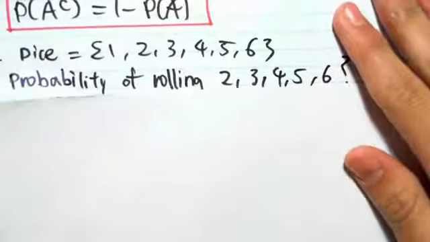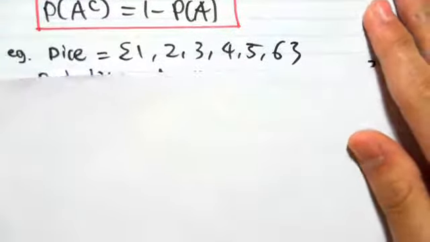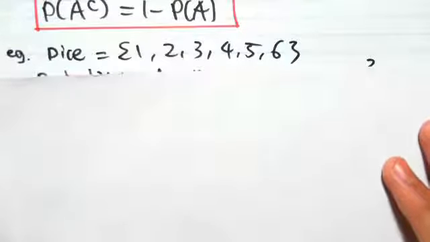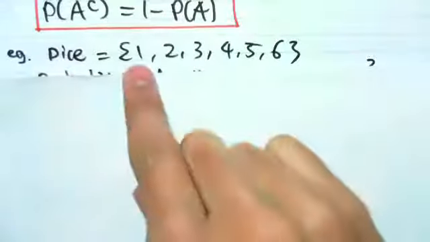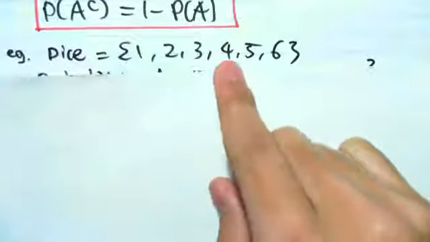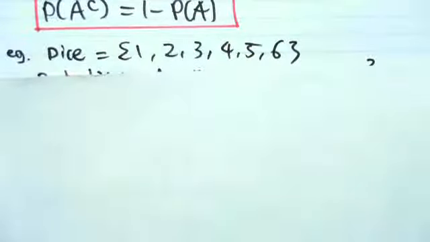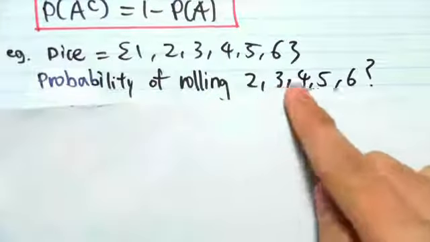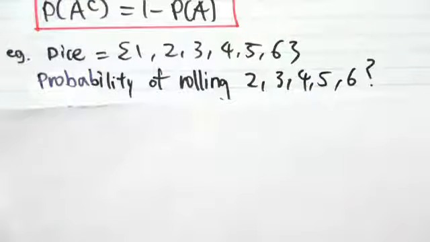Let's say, for example, again, you want to roll a die only once, and the number of possibilities was only 6, which gave you 1, 2, 3, 4, 5, and 6. And so you're interested in finding the probability of rolling 2, 3, 4, 5, or 6.